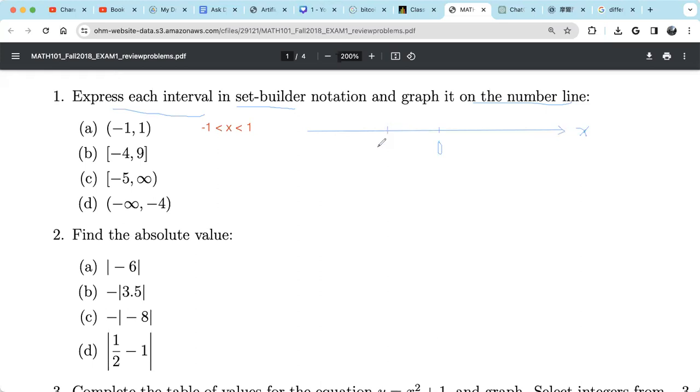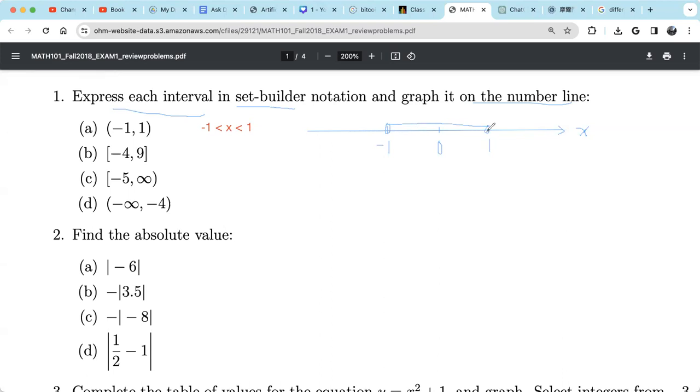So -1 is here, and 1 is somewhere here. All the values in between -1 and 1, but not including -1, not including 1, so I indicate with an open circle. Then I draw this line. So that's my graph. The graph is from -1 up to 1.